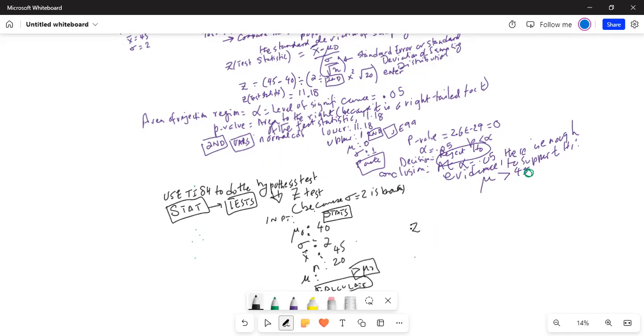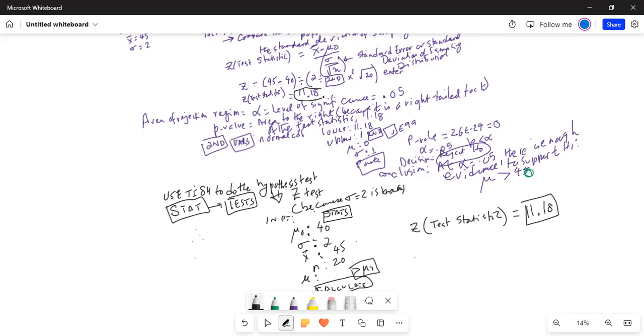The test statistic Z in the next screen is 11.18, same as what we obtained over here. This is also 11.18.